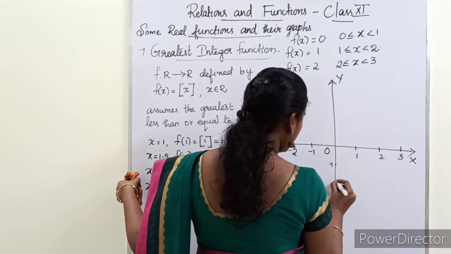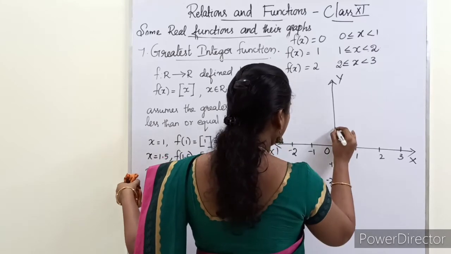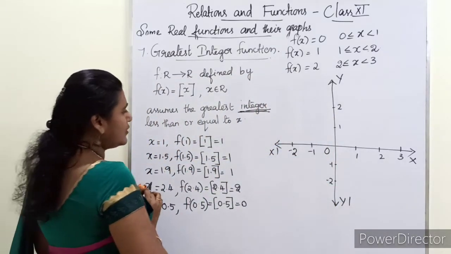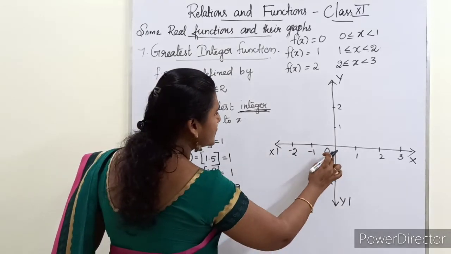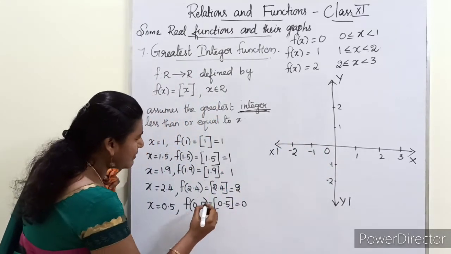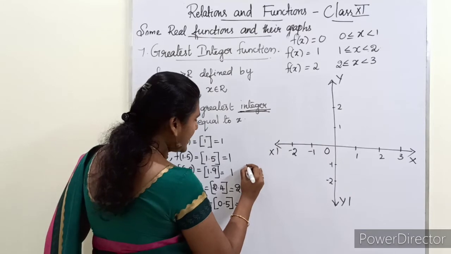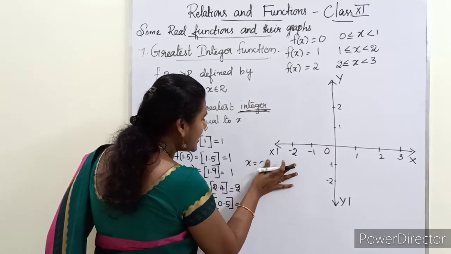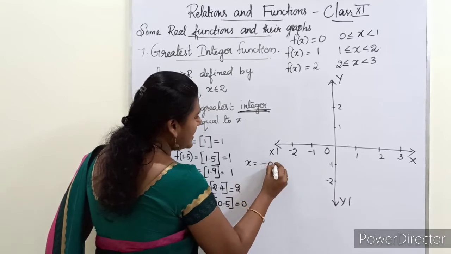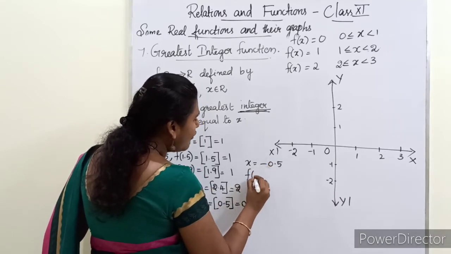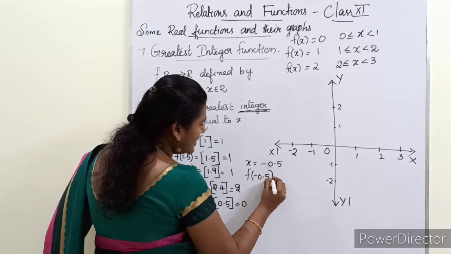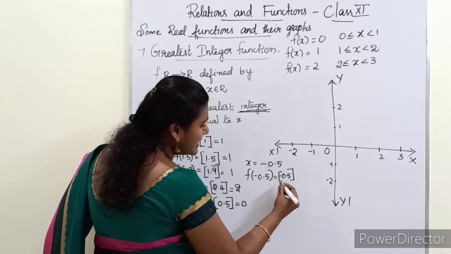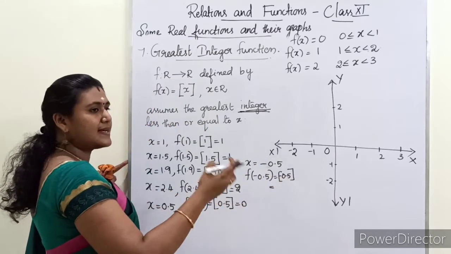If you take any negative value, for example a number between minus 1 and 0, say x equal to minus 0.5, then f of minus 0.5 is the greatest integer less than minus 0.5.